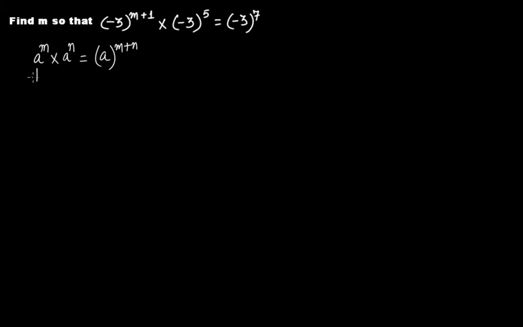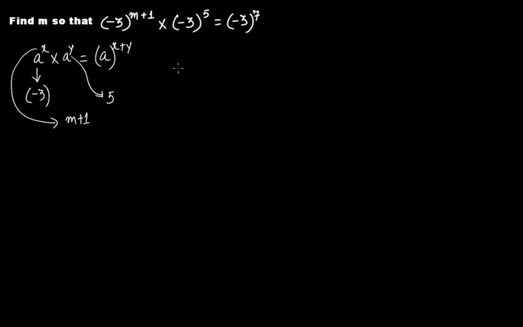Where a is minus 3, and m is in this case m plus 1, or let's use x, otherwise you can get confused. This is x, y, so this will be x plus y. So x is m plus 1 and y is 5, right?